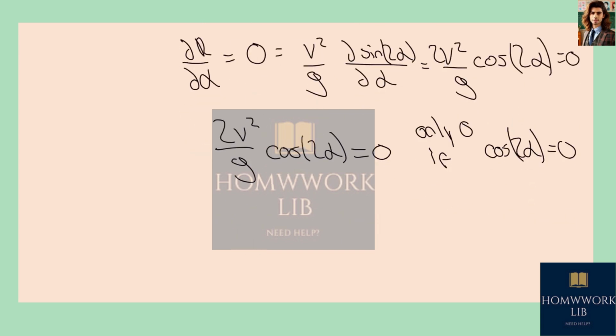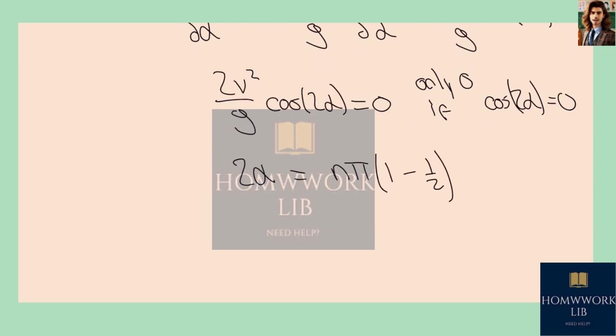So this means that 2 alpha needs to be equal to n times pi minus 1 half. What this guarantees is that for all values of n being equal to 1, 2, 3, and so on, in the integers, we're going to be able to satisfy this condition.